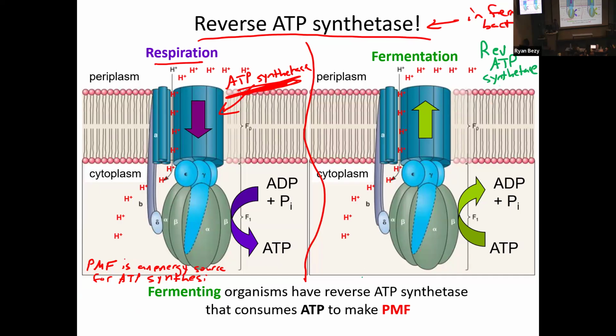What it does is use ATP as an energy source to pump protons and make proton motive force. So fermenting organisms, specifically, have this reverse ATP synthetase enzyme. This consumes the ATP, uses it as an energy source to make the proton motive force and pump protons across the membrane. Questions about that?